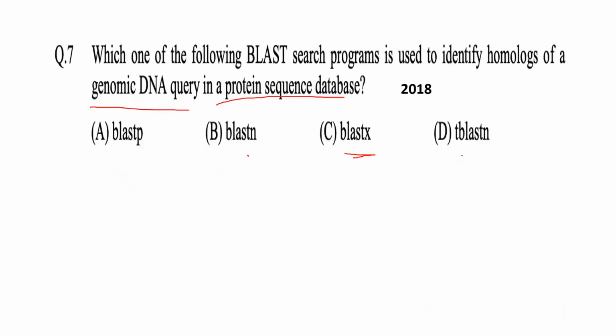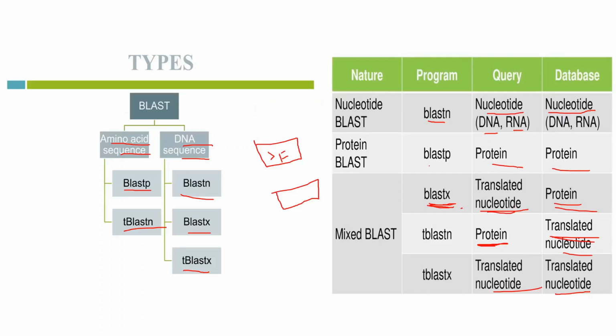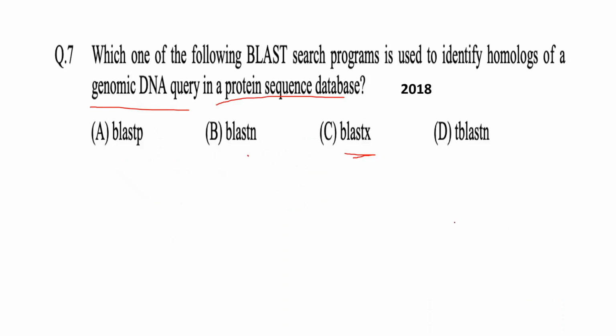The next one is TBLASTN. In TBLASTN your query sequence is protein but your database is translated nucleotide. In the question it is not like that. Here your query sequence is genomic DNA, and you have to search against the protein sequence database. So the correct answer of this question will be BLASTX, where genomic DNA is the query sequence and the protein sequence is the database.